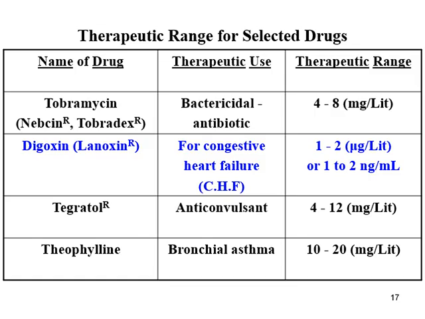If we think about 1 liter, it is a big volume, but the therapeutic range is 1 to 2 microgram. Microgram is a very small amount. That means the therapeutic range for lanoxin is very small, and even a small change of the plasma concentration of this drug can go out of the therapeutic range.